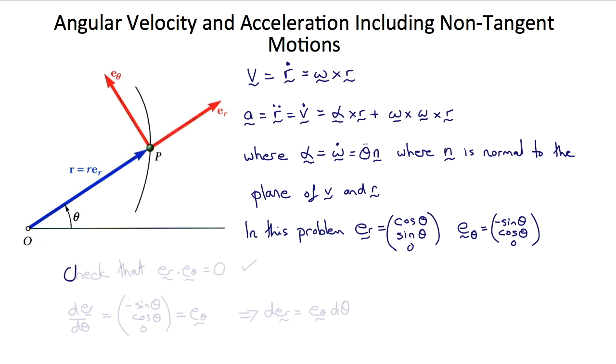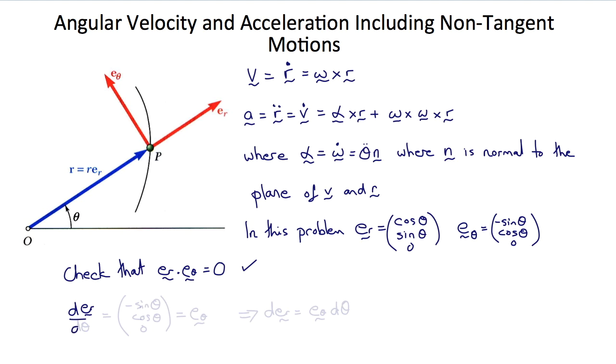And just to check that these are in fact orthogonal, if we take e r dot e theta, we can see that we get 0. So we can use these expressions to compute the derivatives of the radial and theta unit vectors with respect to theta.